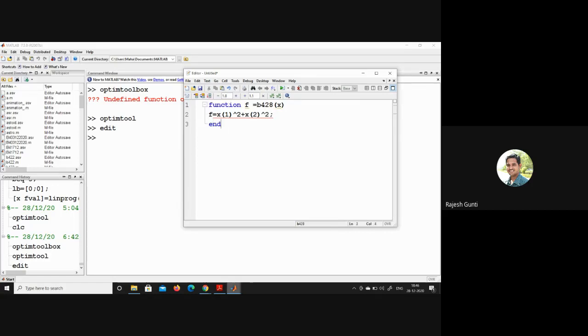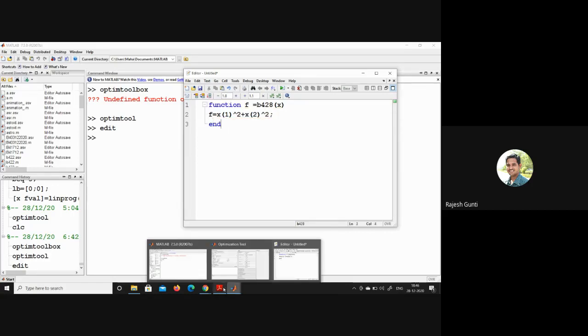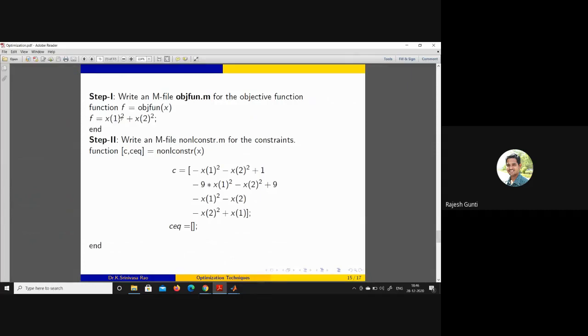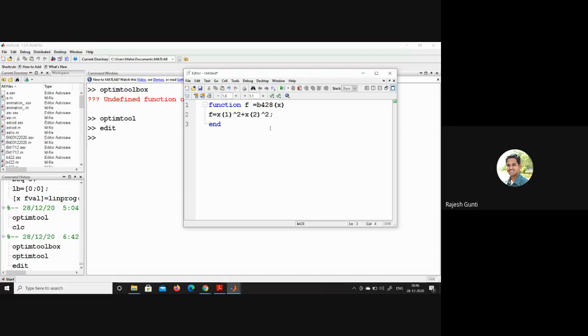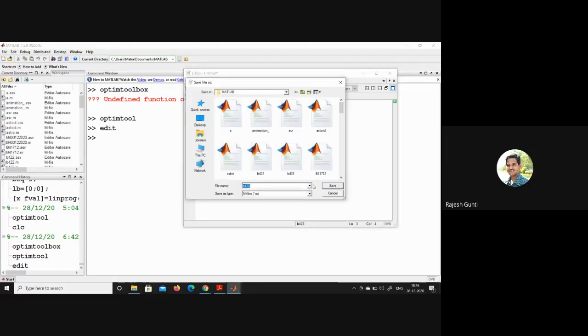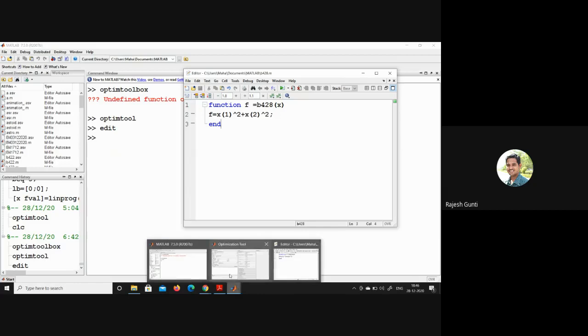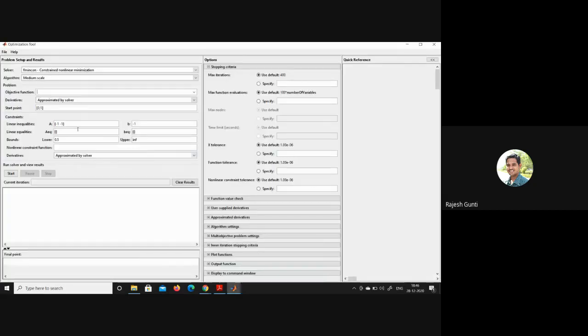That is the sum file. Before 28 is our objective function, that we have to mention here, at the rate of before 28.